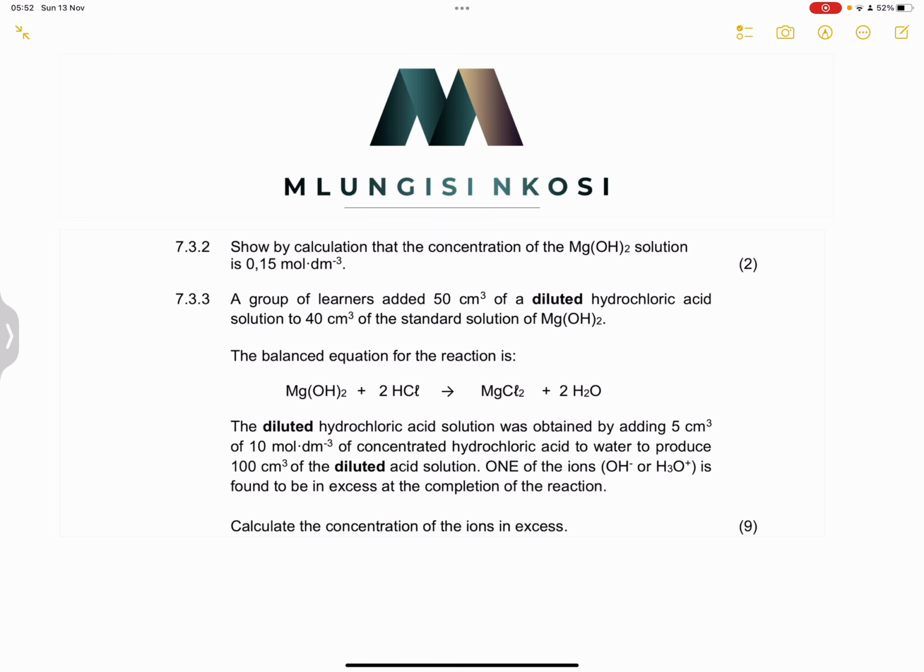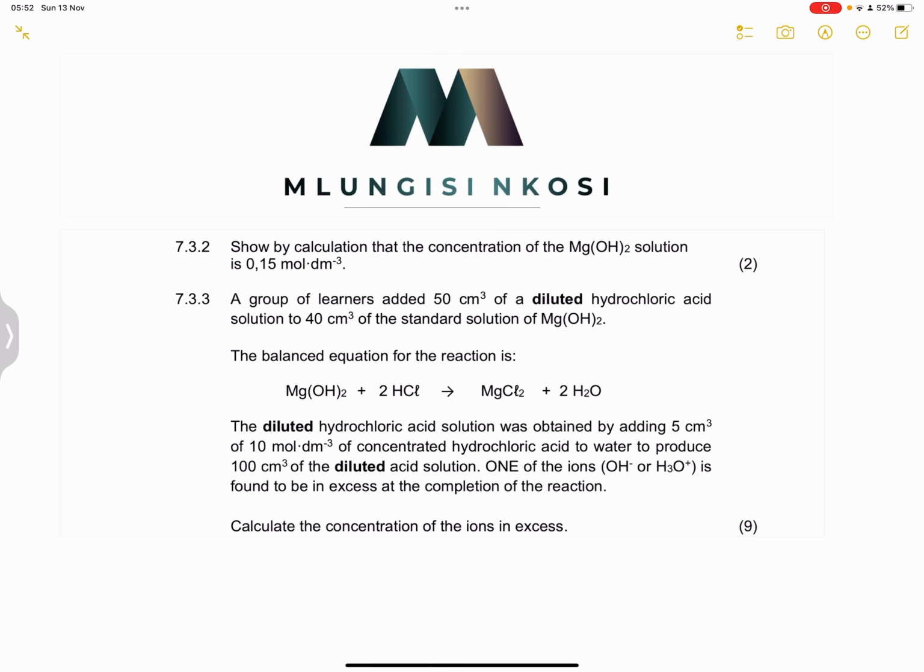So they say a group of learners add 50 cubic centimeters of a dilute hydrochloric acid solution to 40 cubic centimeters of a standard solution, rather, of magnesium hydroxide, right? Now they say to us the balanced equation is given.